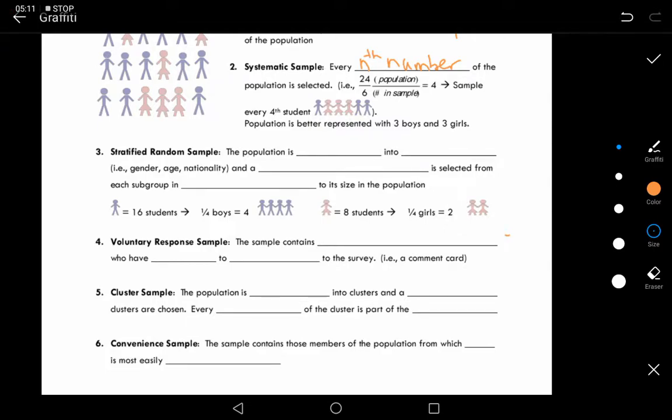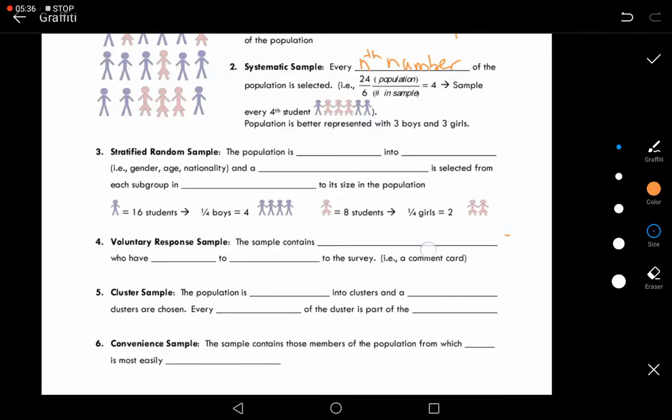Every nth number of the population is selected. So for example, if we have 24 students in our class, which I think we do, and I want 6 students for my sample, I would divide those and decide, okay, I need to choose every 4th student, and every 4th student will be chosen for my sample.